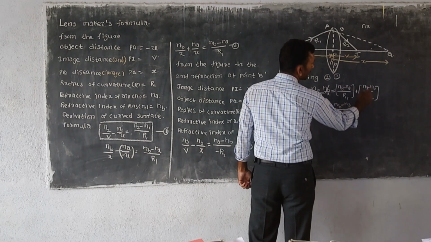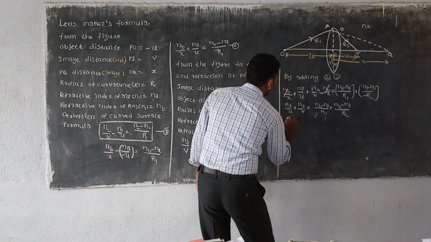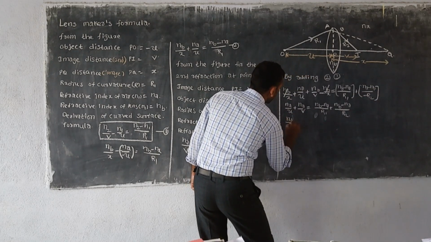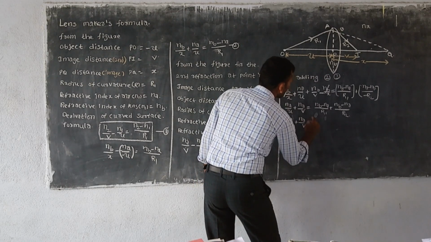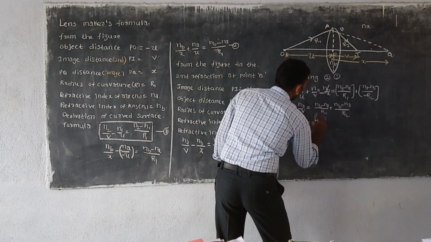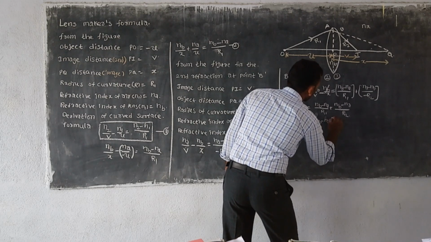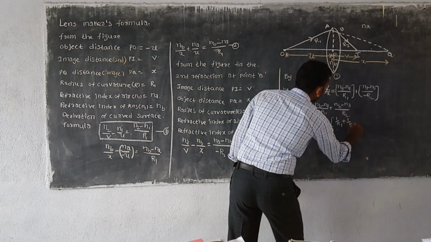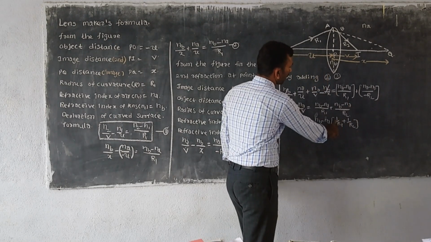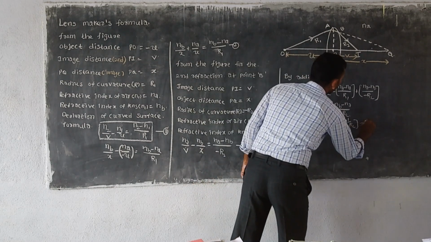If you take the minus symbol, it is reversed. So NA by U plus NA by V equals, if you take NB minus NA common, 1 by R1 plus 1 by R2. Let's call this equation 4.